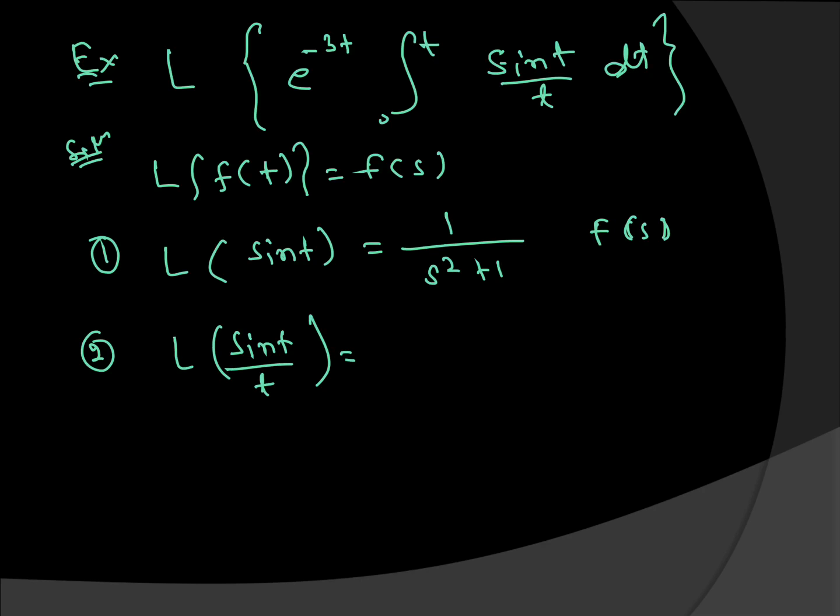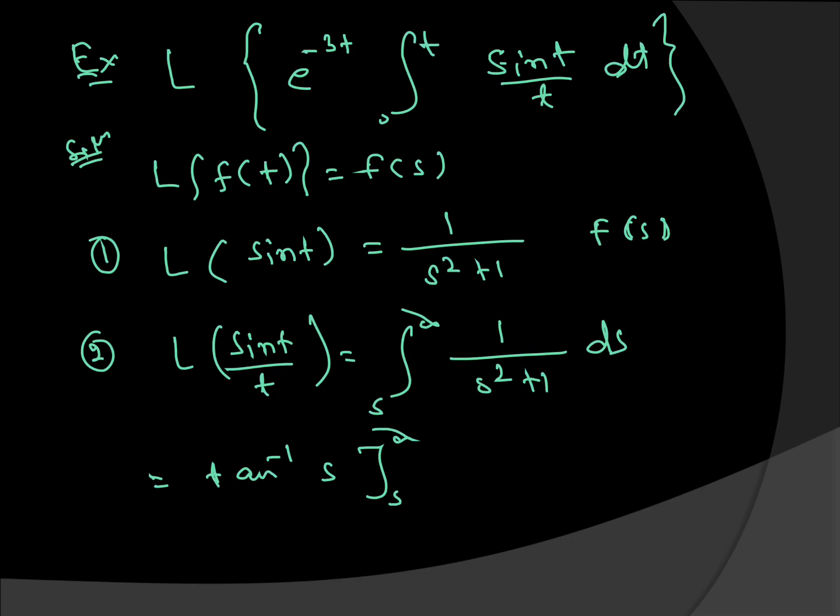It's division, so you have to do the integration. s to infinity f of s is 1 by s square plus 1 ds. It's tan inverse s by 1. So tan inverse s to infinity.